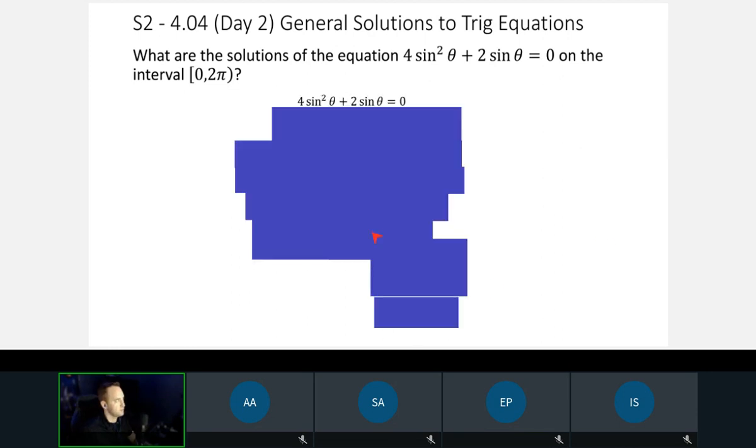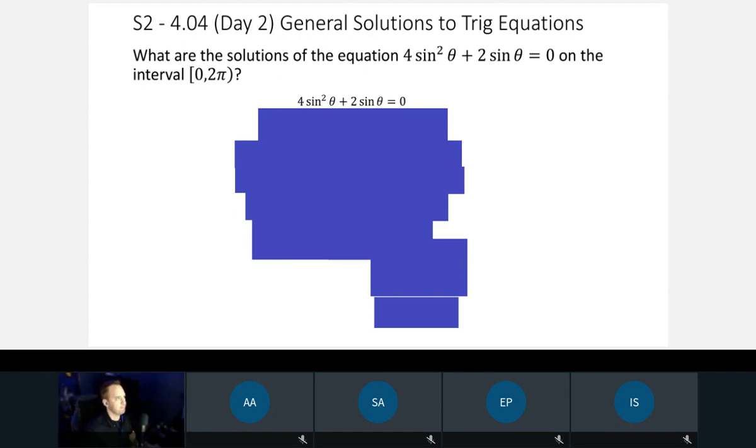So we are going to GCF a 2 sine. Hold on a second. I think I mistyped the entire thing. Oh, I see what I did. Why would I do that? I guess that's how I was thinking the time I did it.